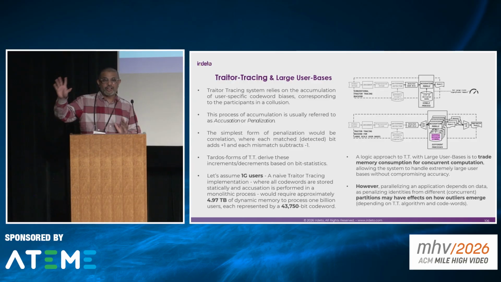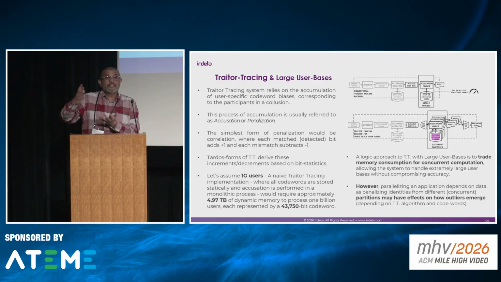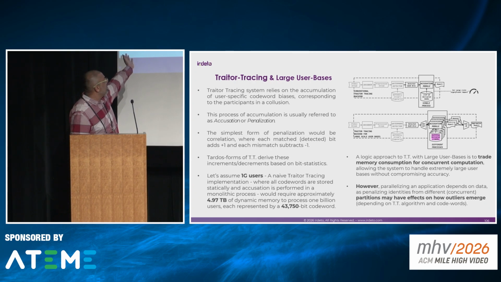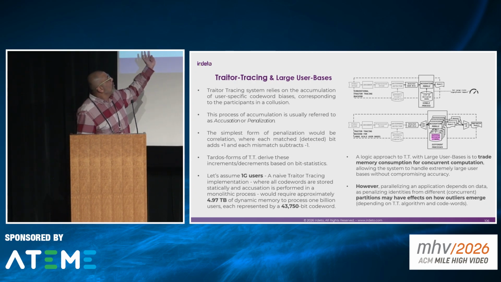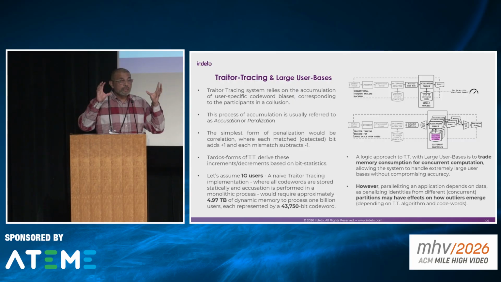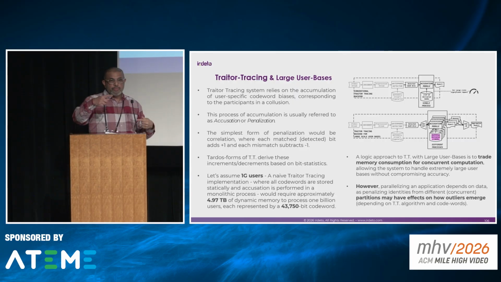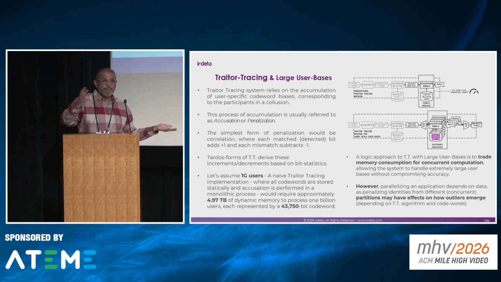This is a theoretical extreme, but we wanted to make sure that we can still survive that type of attack. That whole detection acquisition process will require 5 terabytes of dynamic memory. That's why we wanted to have an ID generation scheme where we can partition them in different sets and do the math on each partition.